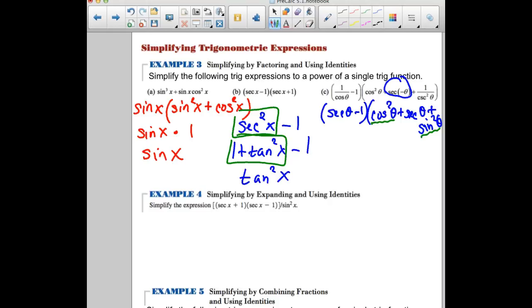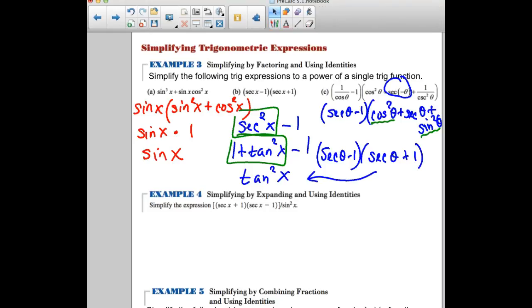So this becomes secant theta minus 1 in the first parenthesis, and we have 1 plus secant theta in our second one. Or we could write that as secant theta plus 1 so that we have that idea of conjugates again. It basically turns into that second piece that we just looked at. So we end up with that tangent squared again.